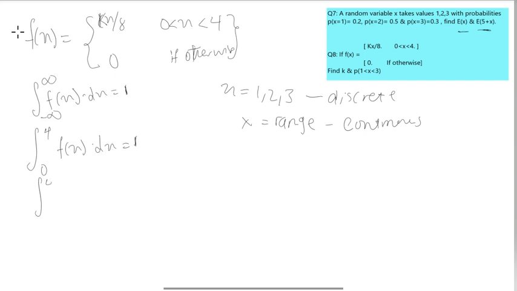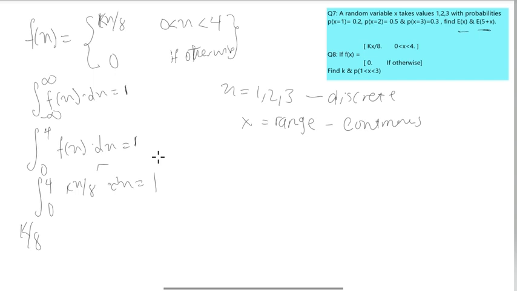Now let us continue solving. We have the integral from 0 to 4 of kx over 8, our f of x, dx, and this is equal to 1. Remember, we are looking for k. Because k is a constant here, we can bring it outside the integral. 8 is also a constant, so let's bring out k over 8.